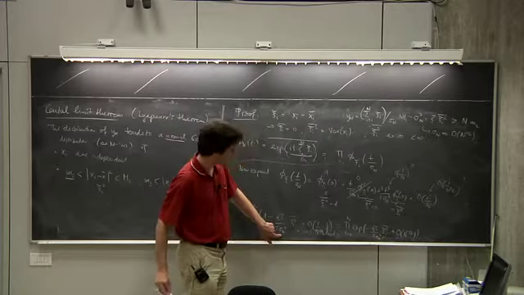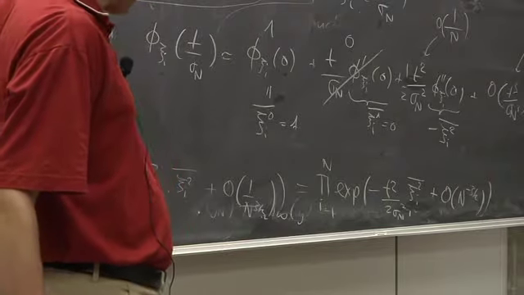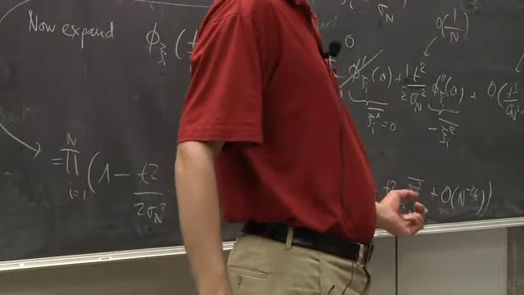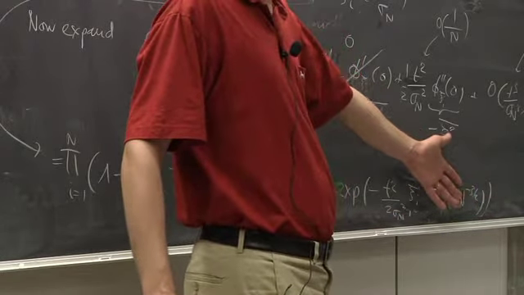Because this is already very small, of order 1 over n, I can write 1 minus something small as exponential of minus this small thing plus the same order of corrections, right?